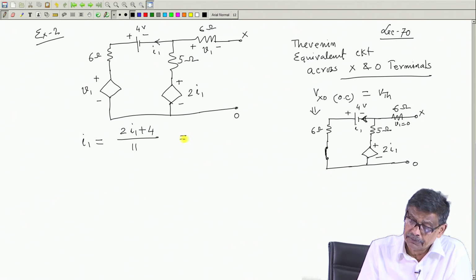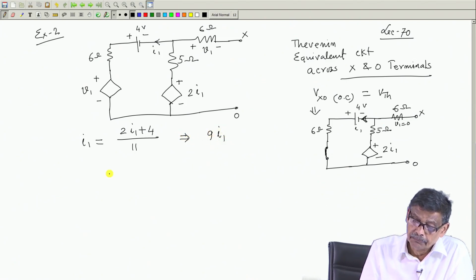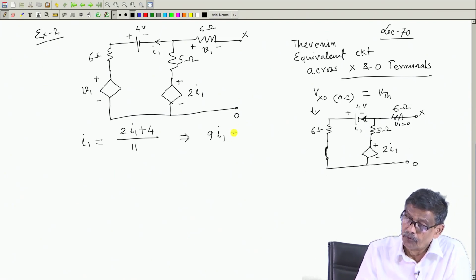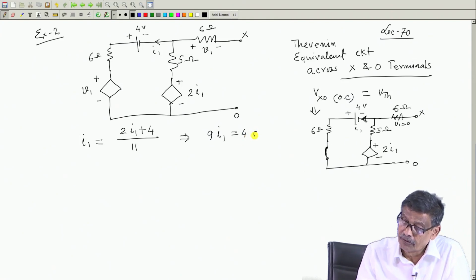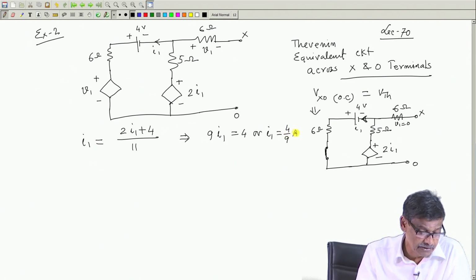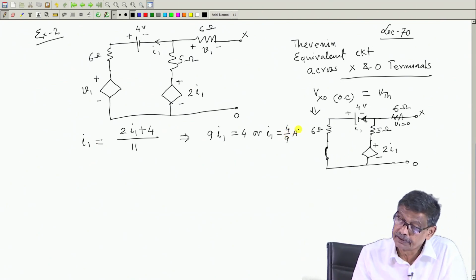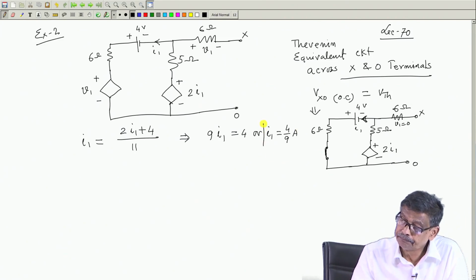So, this means that 9 I 1, you bring it here, 11 I 1 minus 2 I 1 is equal to 4. Okay, check the number, or I will say I 1 is equal to 4 by 9 ampere. I 1 will be equal to 4 by 9 ampere. This is the thing.